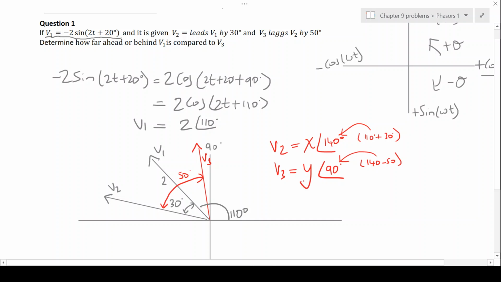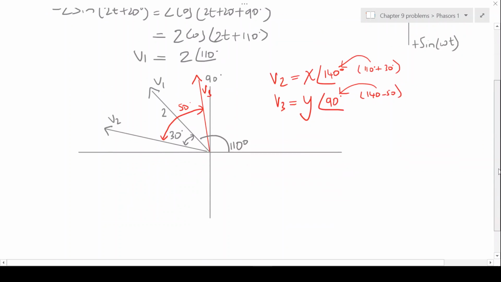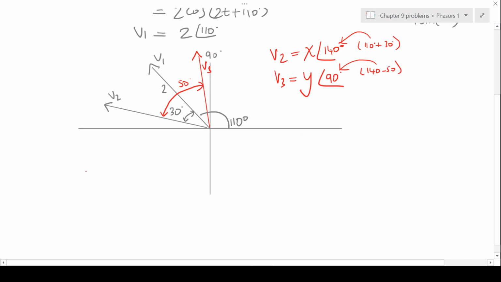So now the question is, what is the relationship between V1 and V3? Right, so we know V1 is equal to 2 angle 110 degrees, and we know that V3 is equal to some magnitude angle 90 degrees.